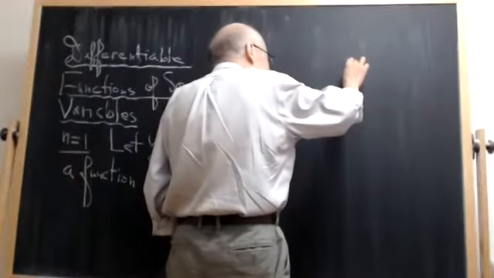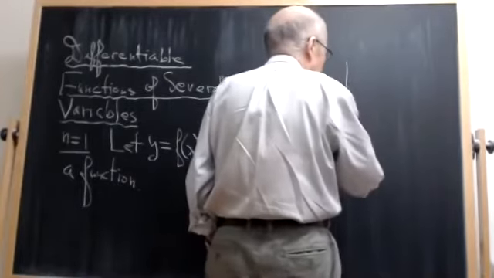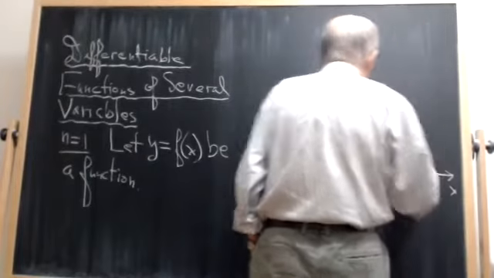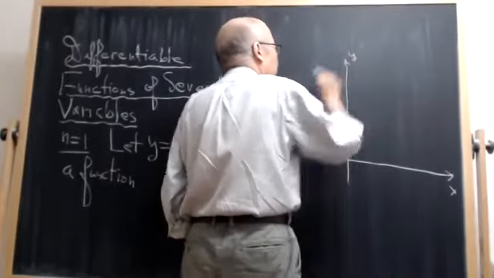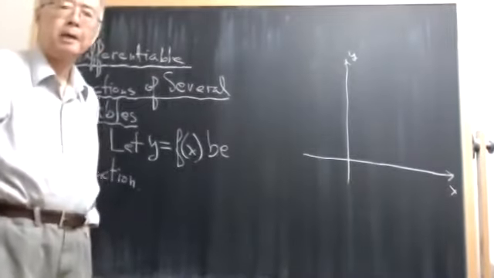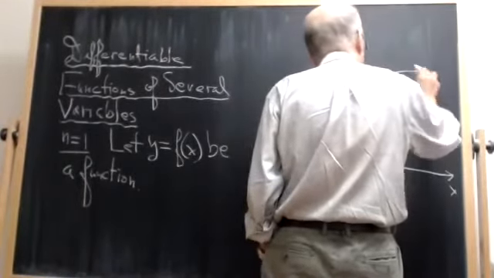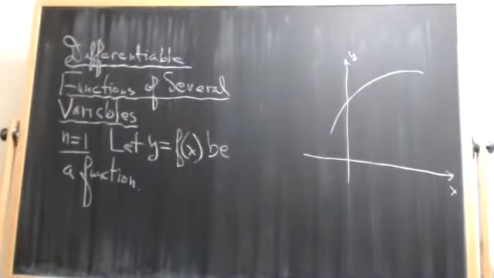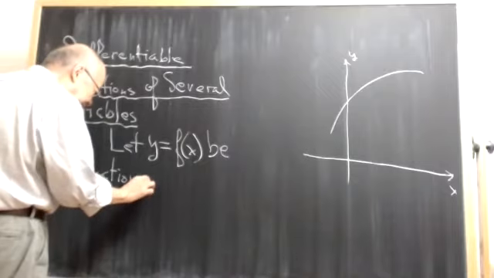And the graph is something like this. And we have the graph of the function, which is a curve. Then what do we do? We are going to fix a point.